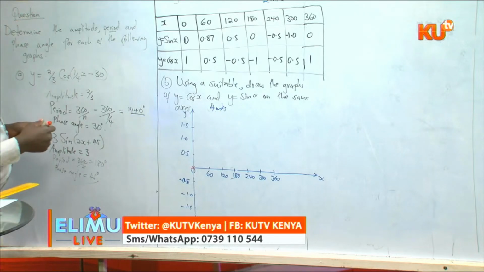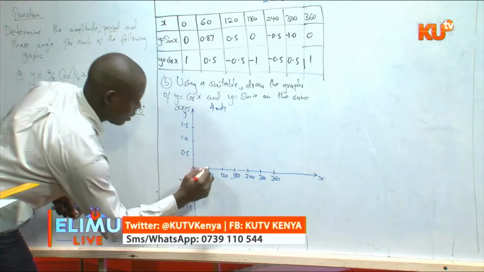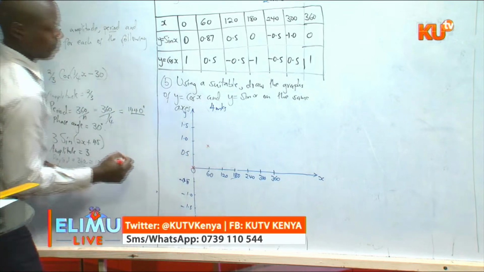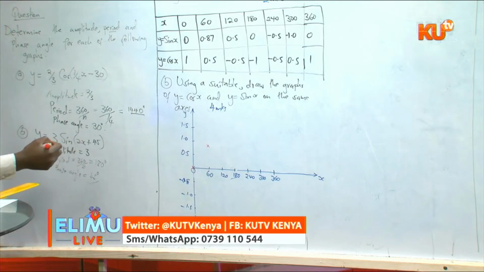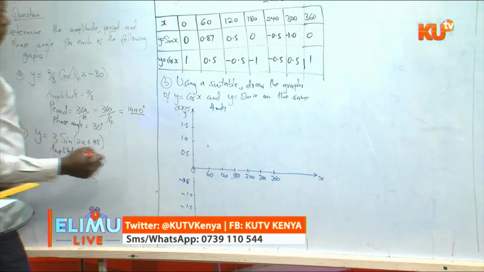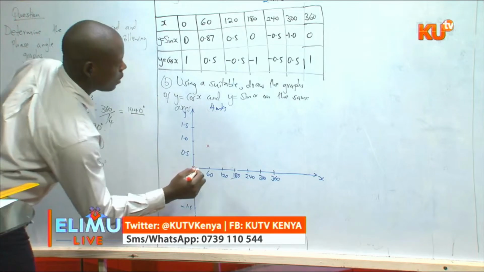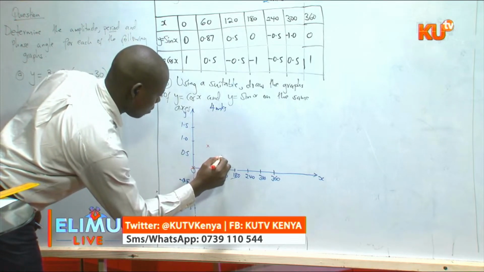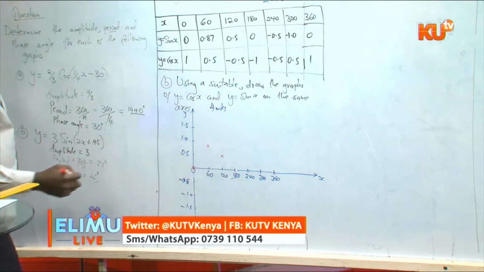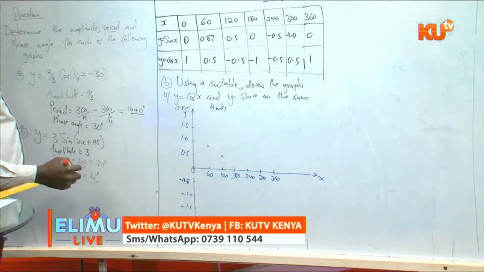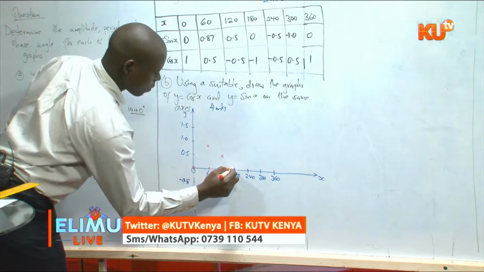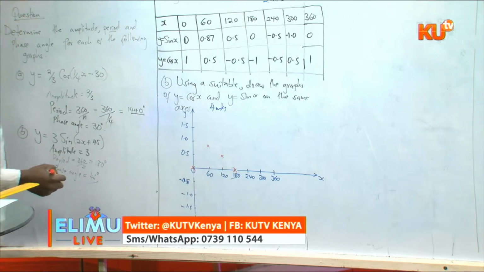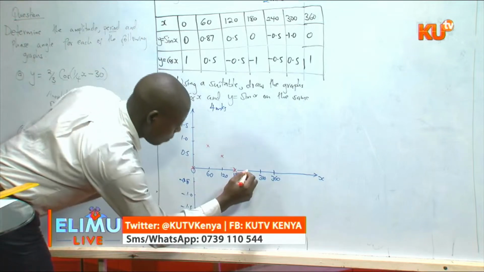That is 0.9, somewhere here. Then 120, 0.5. 180, 0. 240, negative 0.5.